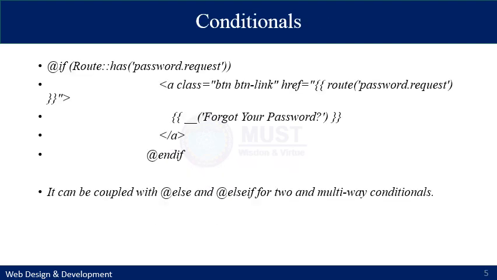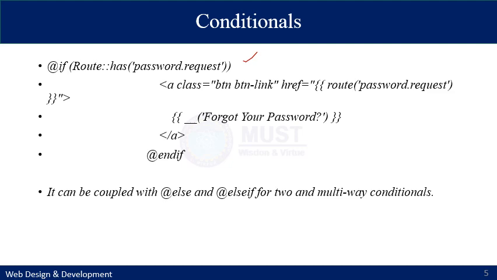There can be some conditional statements in the views in which you want to load a specific part of your page based on some condition. For example, this slide shows a particular route of a password request. That means if you have forgotten your password, then you can generate a password reset request.